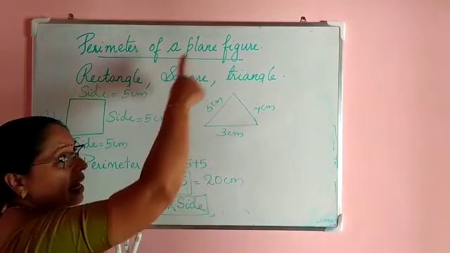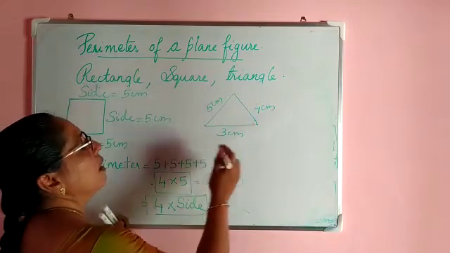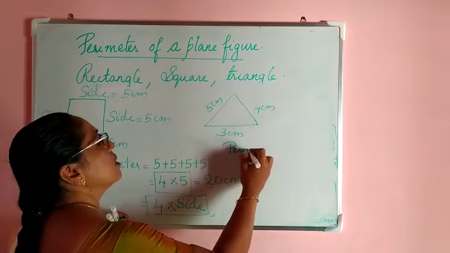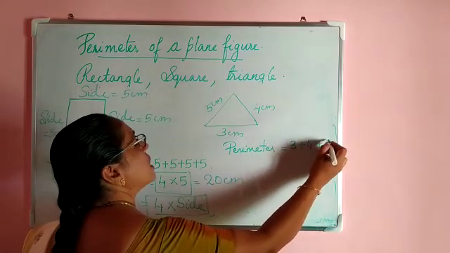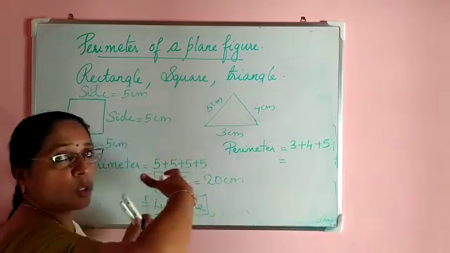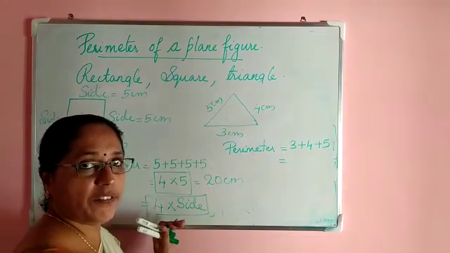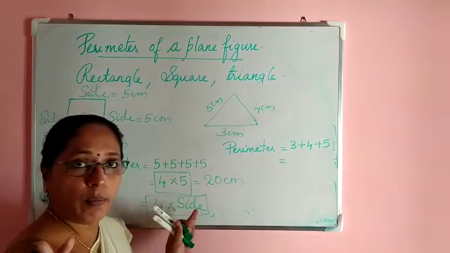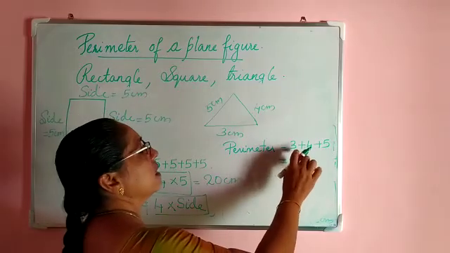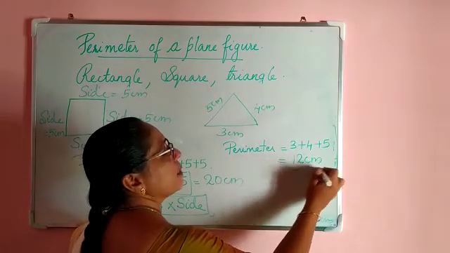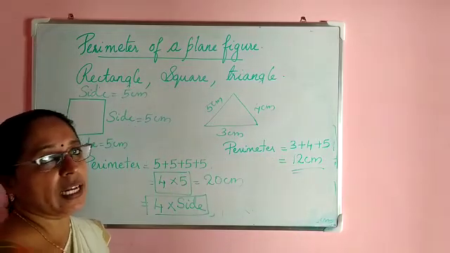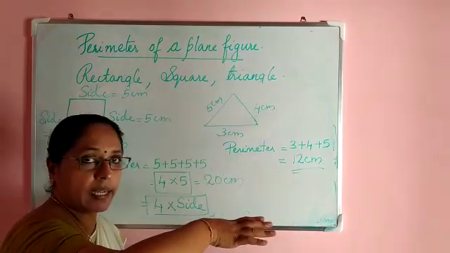Perimeter is, of course, adding all the 3 sides. So perimeter is equal to 3 plus 4 plus 5. Here there is no repetition. All the numbers are different, so there is no special formula at all. Just add it. 3 plus 4, 7. 7 plus 5, 12. So 12 centimeter.